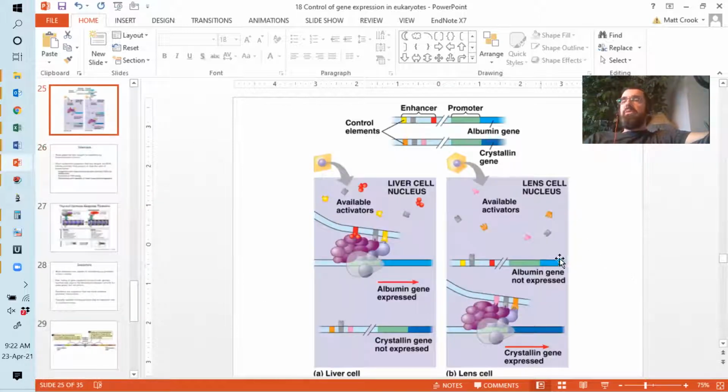So in this example, this was really focusing on enhancers, but depending on the gene and its promoter, there will potentially be silencers that will bind to these regulatory regions and prevent the binding of enhancers, of transcriptional activator proteins. Right, and so this is able to add an extra level of specificity, right? So not only do you have to have activators present, but also absence of repressors as well.